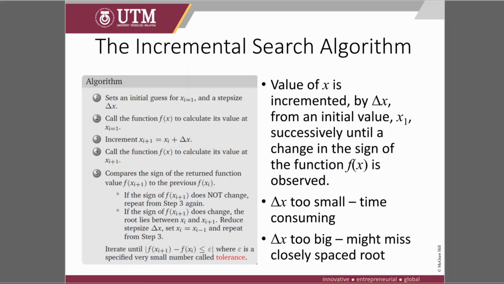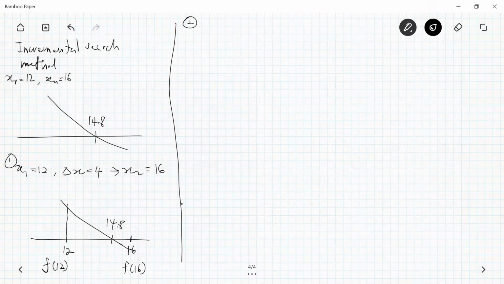So in this case, since there's a change, our new x1 equals 12, but our delta x is now reduced. Just like our bisection method, we reduce it by half.